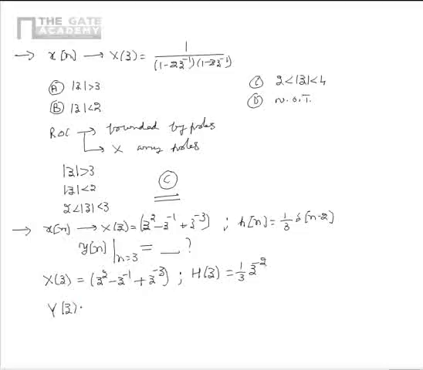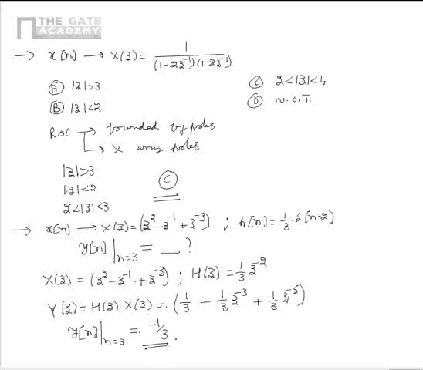From this, the output of the LTI system can be written as Y(z) = H(z) X(z), which is equal to 1/3 - 1/3 z^-3 + 1/3 z^-5. So the output of the LTI system y[n] at n = 3 is the coefficient of z^-3, which is -1/3. So the required answer is -1/3.